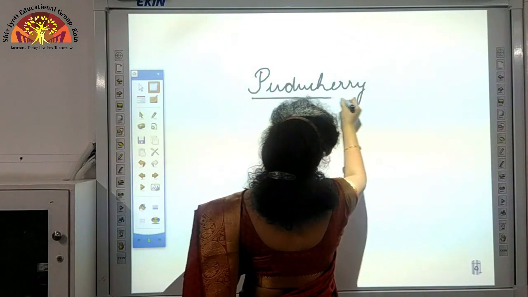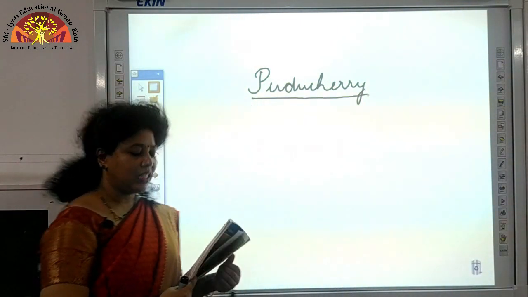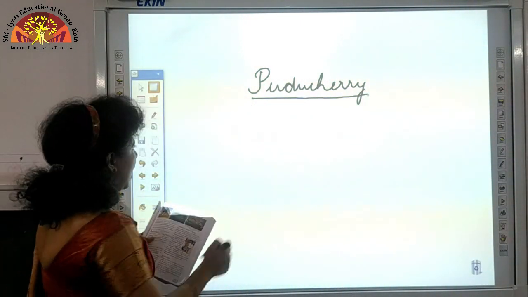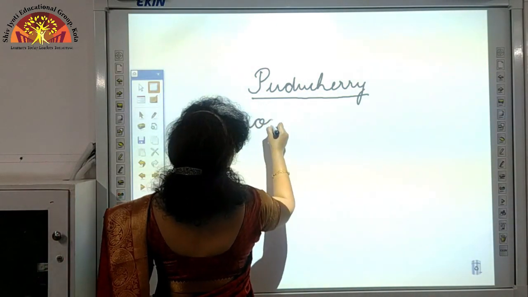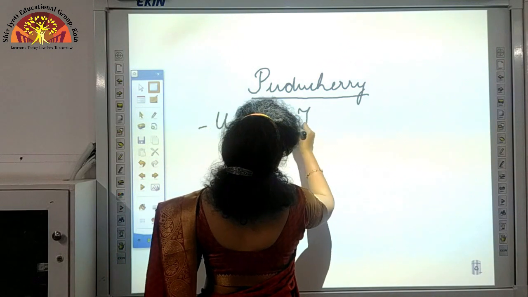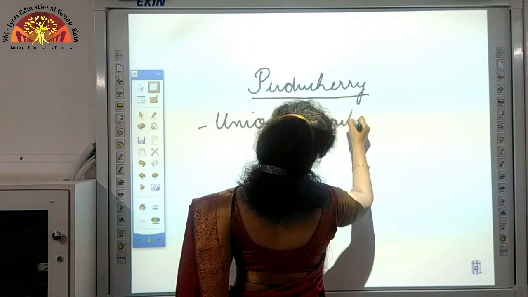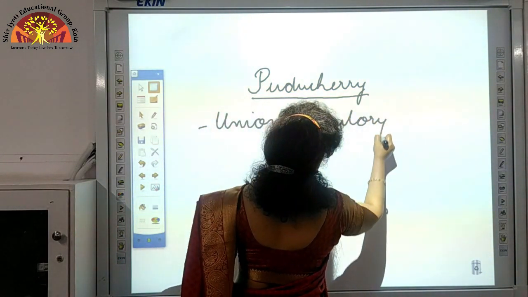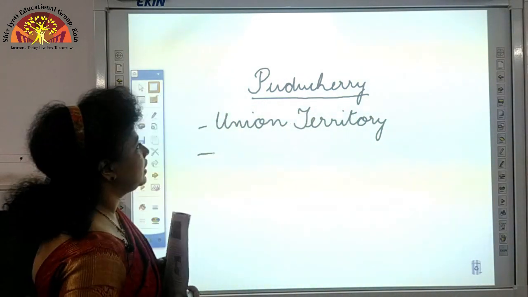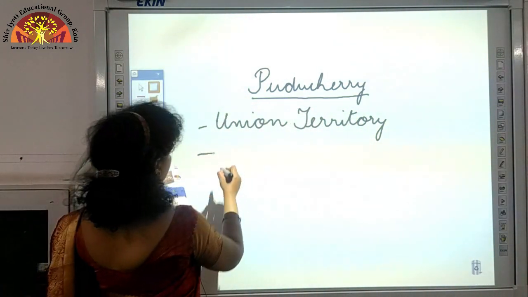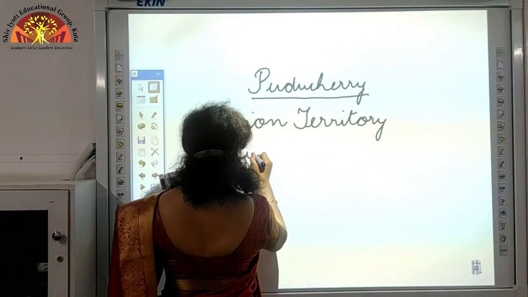Puducherry was previously known as Pondicherry, and this is also a union territory. One of the main tourist attractions of Puducherry is the Aurobindo Ashram.